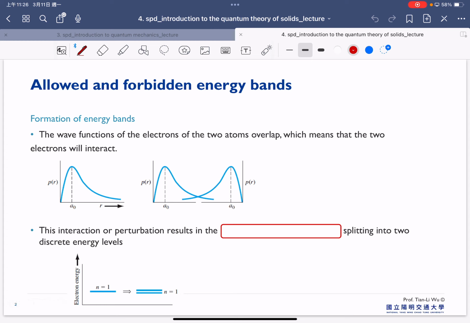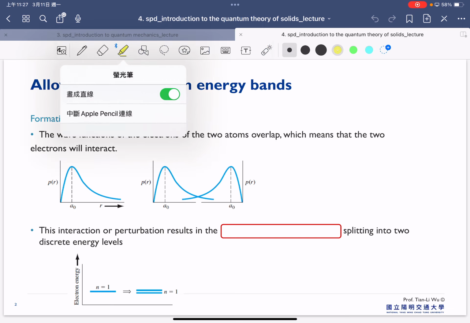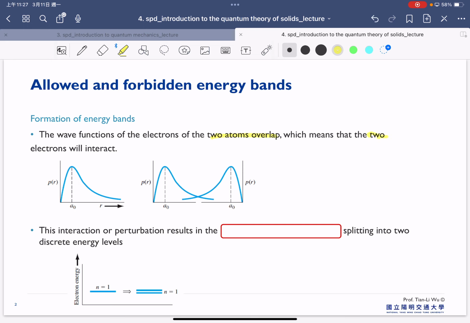Okay, so again, first we have to introduce the knowledge related to allowed and forbidden energy bands. The wave functions of the electrons of two atoms overlap, which means these two electrons will start to interact. So this is a wave function for the one electron. But in reality, you have to consider there are many atoms placed nearby. So if you consider two atoms here, there's a chance that this electron and wave equation will start to interact.